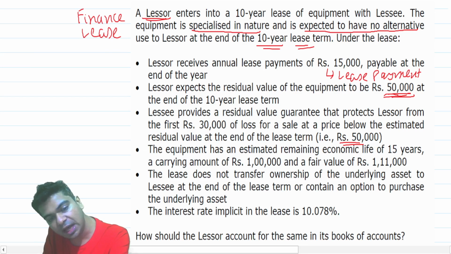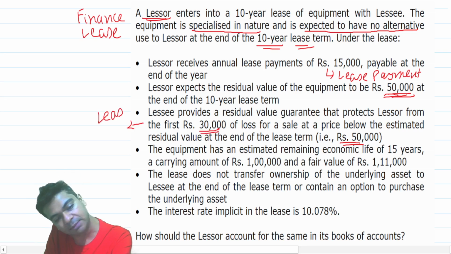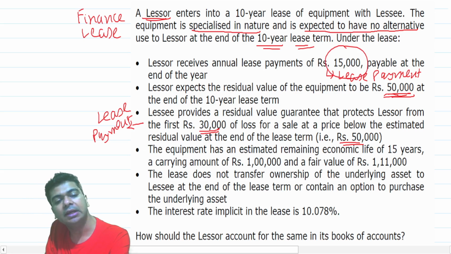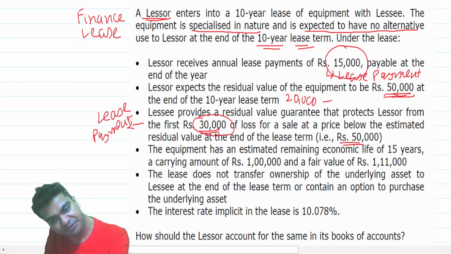Guaranteed residual value will again become a part of the lease payment. So lease payment will include 15,000. Lease payment will include 30,000, while 20,000, as we are seeing, is unguaranteed residual value.